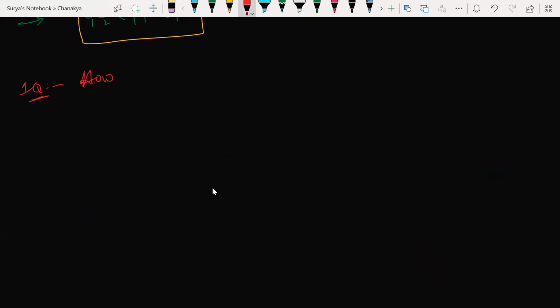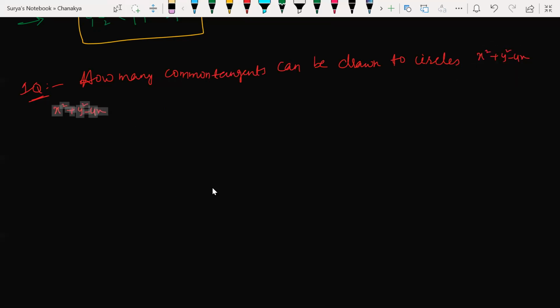How many common tangents can be drawn to the circles x square plus y square minus 4x plus 2y plus 1 is equal to 0, and x square plus y square minus 6x minus 4y plus 4 is equal to 0?